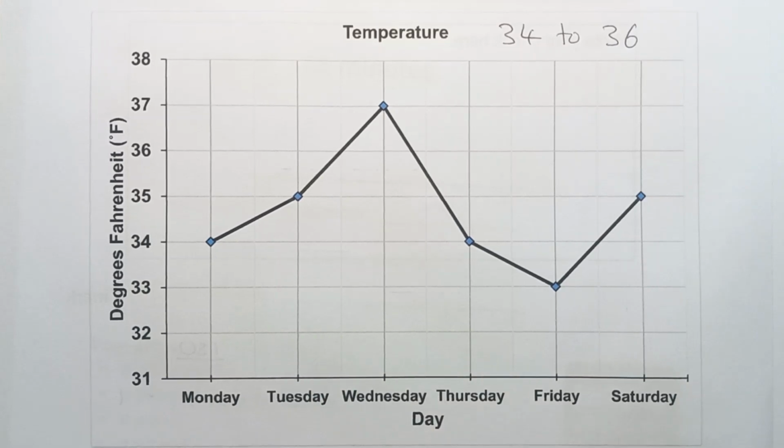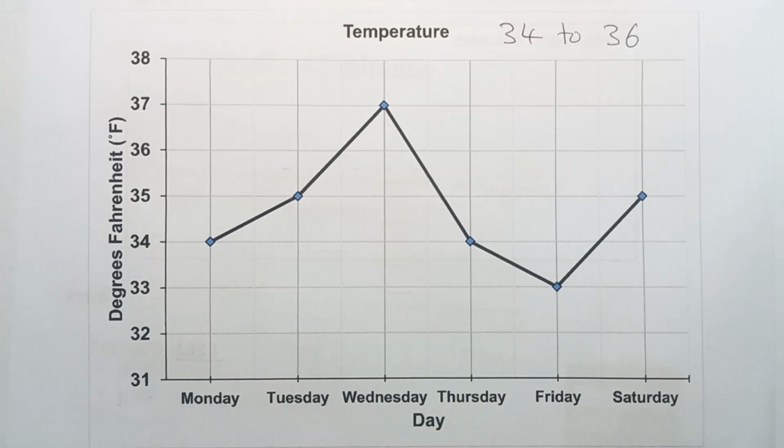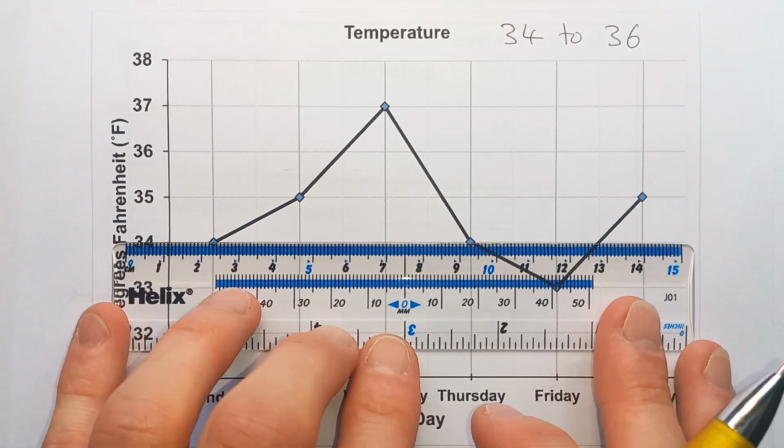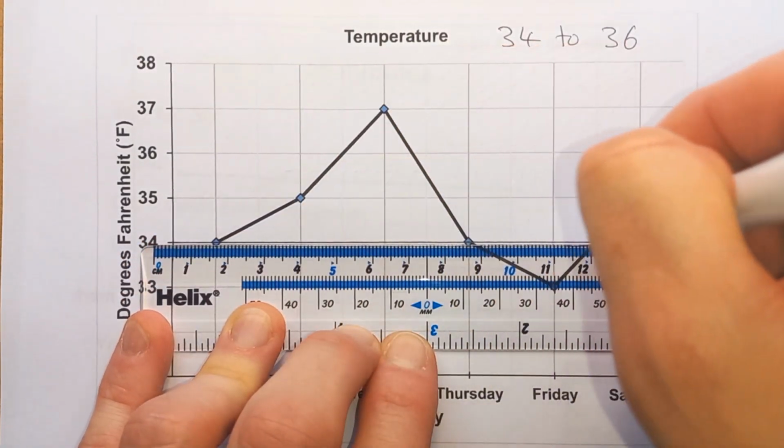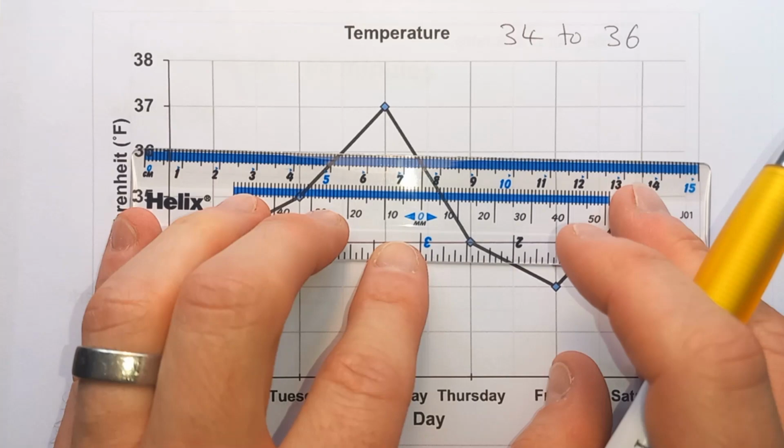We want which 2 days it did not have the correct temperature. What I'm going to do here is grab my ruler for this bit, and draw a line at 34 degrees, and draw a line at 36 degrees.